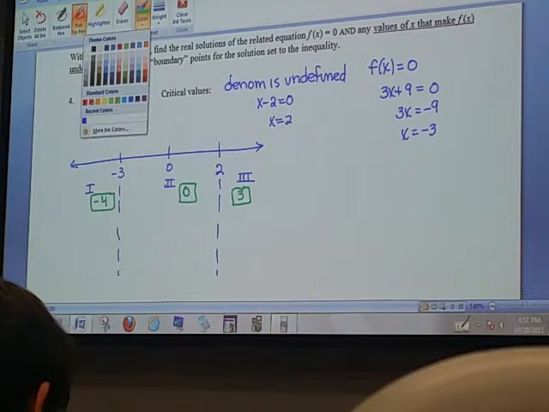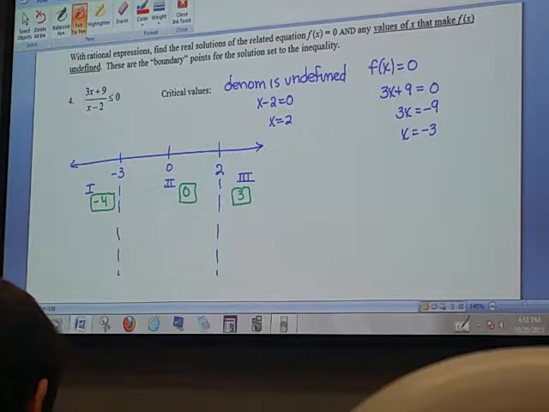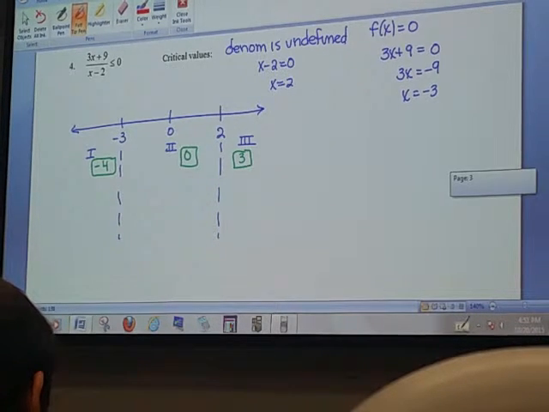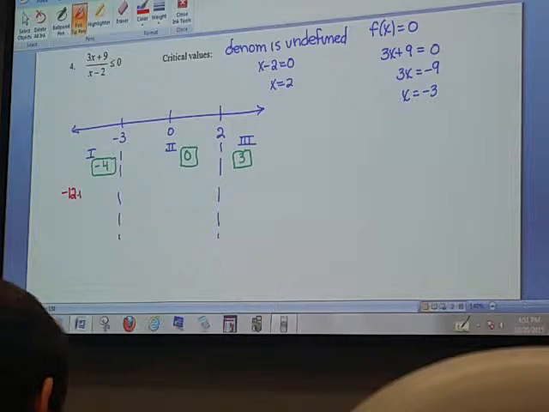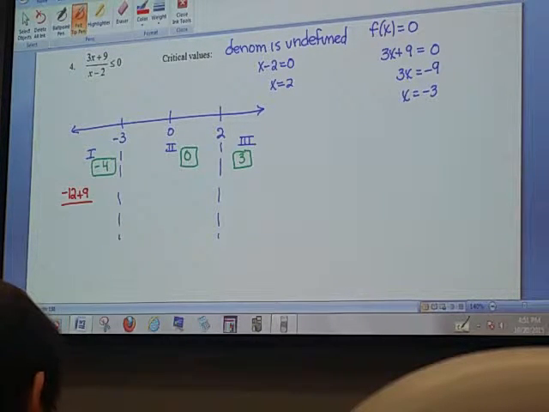Now I'm gonna do my analysis. Now, the analysis is also the same, because the rules for whether something is positive or negative, it's 2 negatives make a positive. It doesn't matter if they're multiplied or they're quotients. 2 negatives make a positive. So it's the same kind of analysis. This time I'm gonna put in negative 4 up top and negative 4 down here.